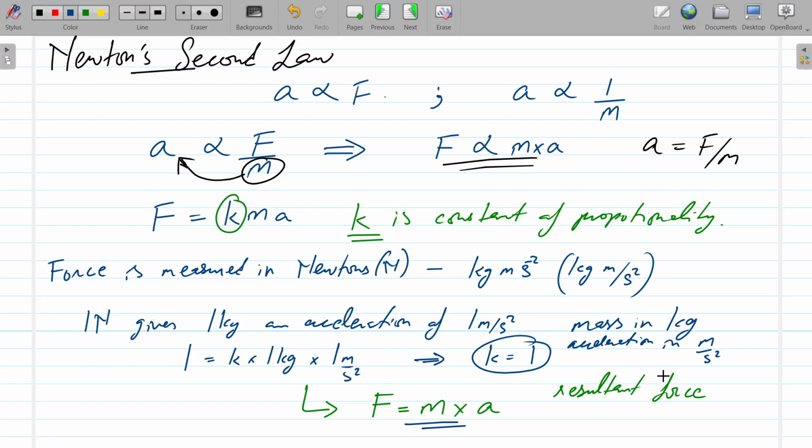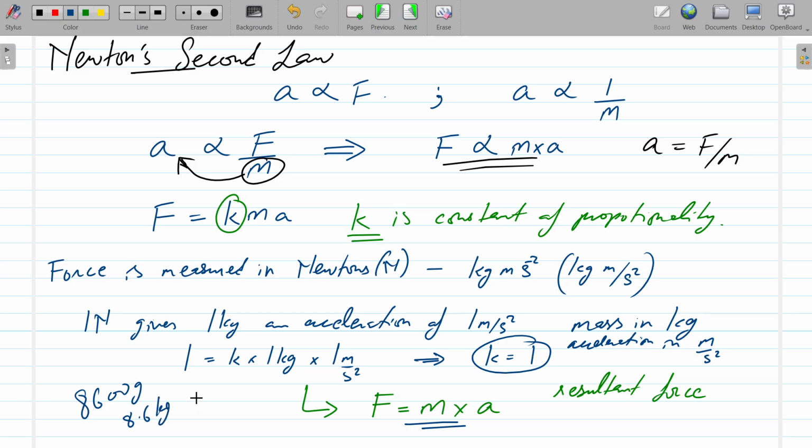Sometimes we're given the mass in grams, so do we have to convert it in the exam? Yes. If you're given, for example, 8,600 grams, that's 8.6 kg.